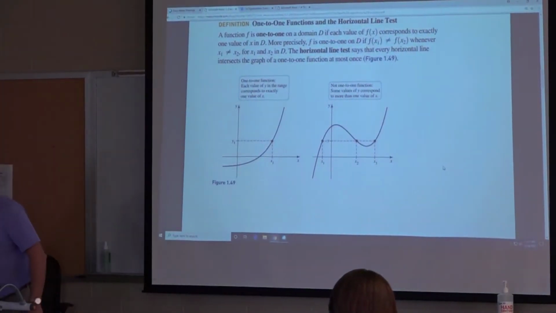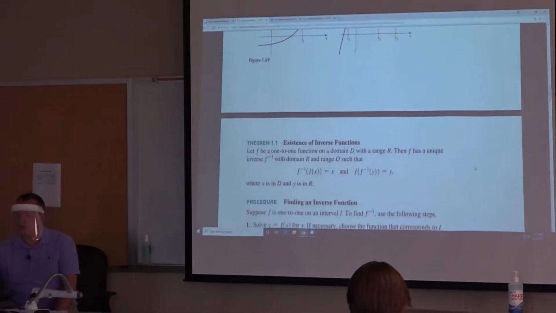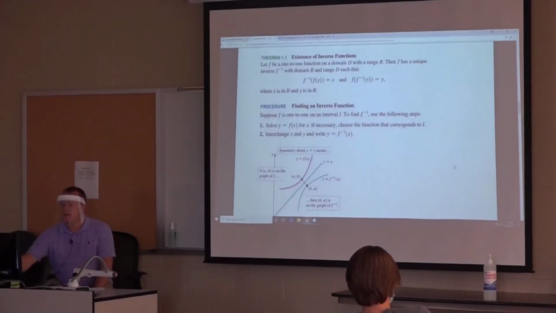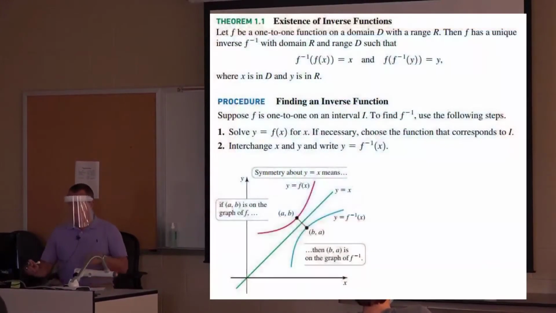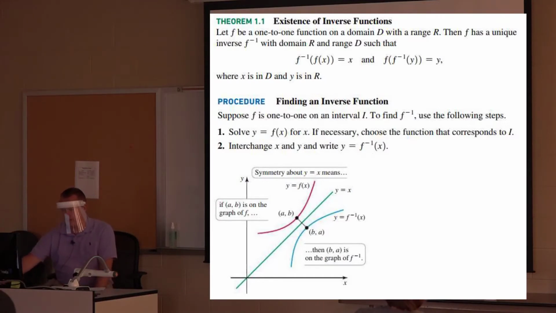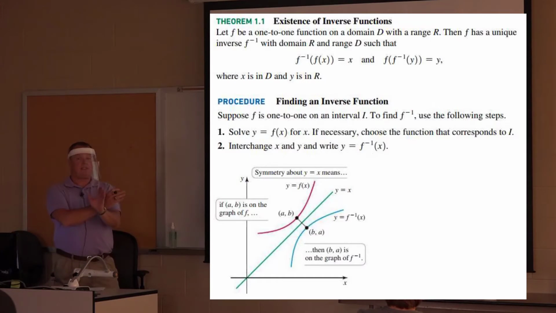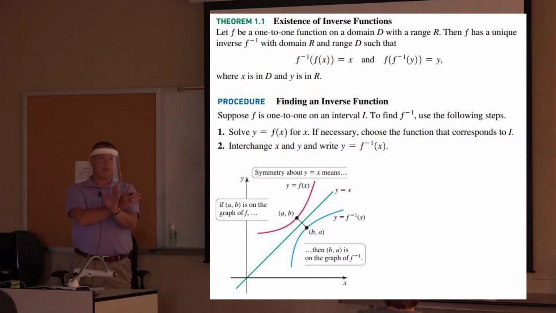Okay. So let f be a one-to-one function on the domain D with a range R, then f has a unique inverse with domain R and range D such that that's true. Okay. Now, to find an inverse, you just swap the x and the y's, solve for y, and that's your inverse.